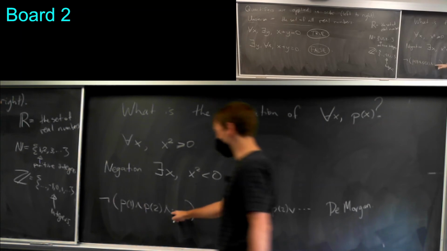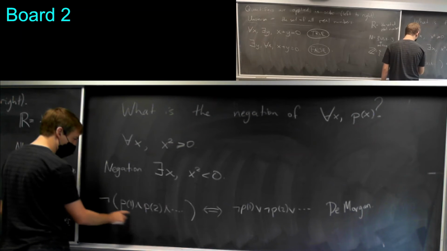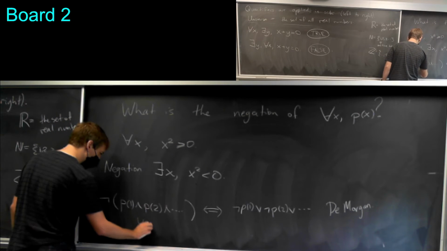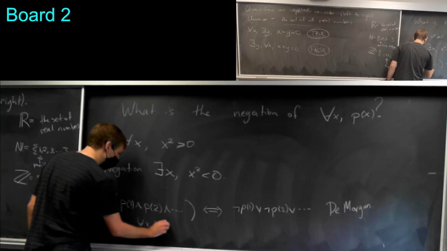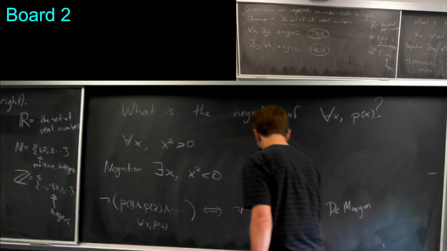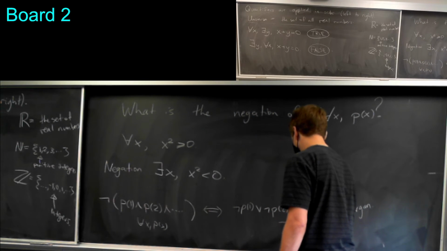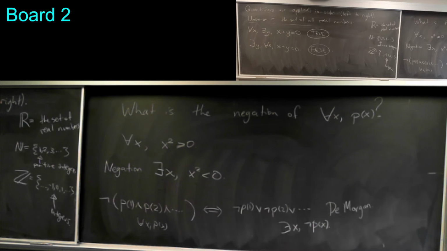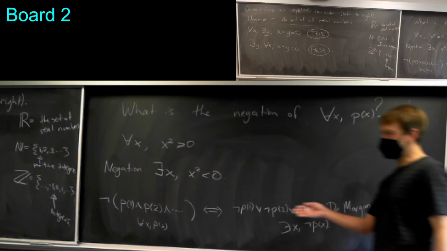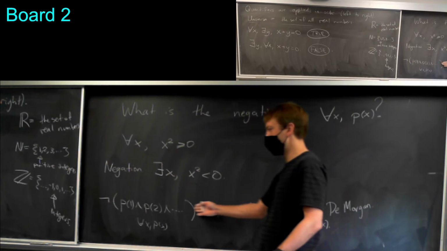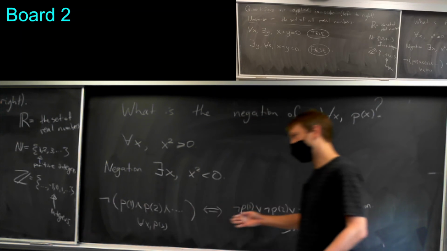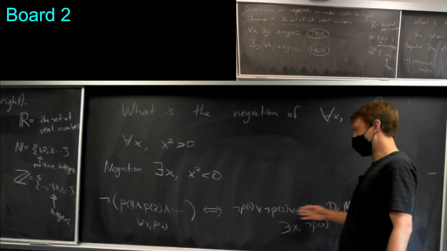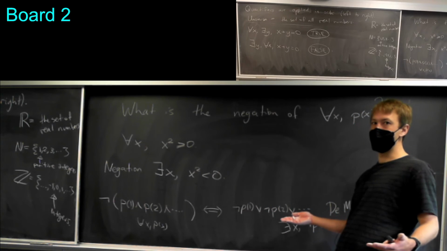This is negating the statement for all x P(x), and the negation is there exists x not P(x). It's really just De Morgan's law we've seen before, applied to a big AND with many, maybe infinitely many statements, giving a big OR.